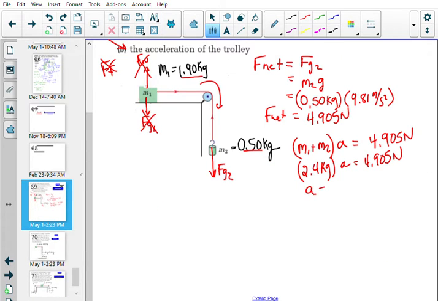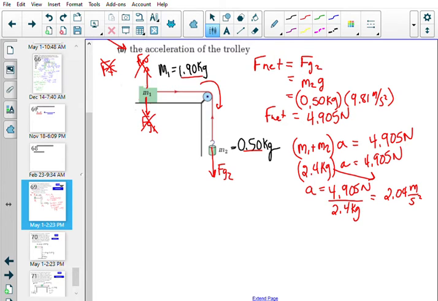So you just take the 2.4 over and divide. And you have 4.905 newtons divided by 2.4 kilograms. And it's just a nudge over 2. You have 2.04 meters per second squared as an acceleration.